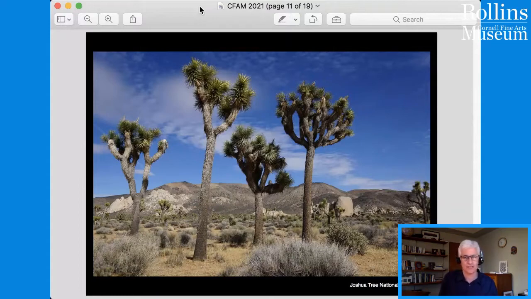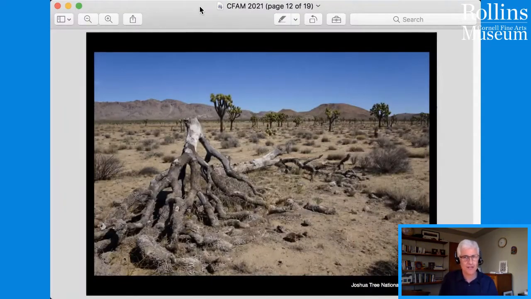And so what we're seeing in Joshua Tree are very few juvenile Joshua trees to replace the aging Joshua trees. In many landscapes, most of what we have are very mature trees, but very few juvenile trees coming in because of all of these fire events and extreme drought events and some of the heat waves.